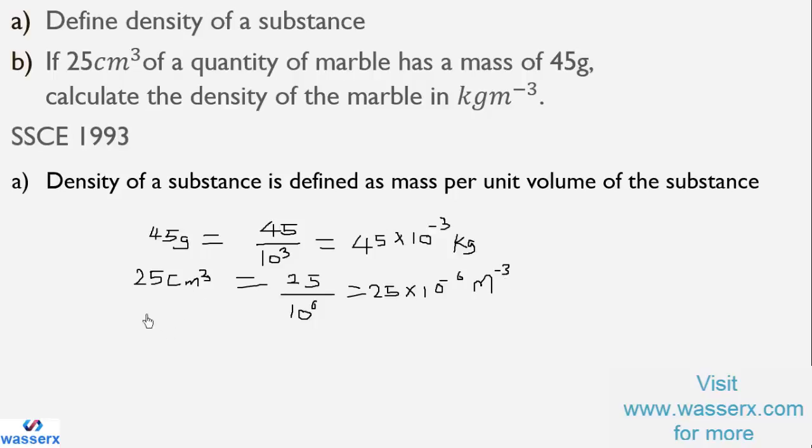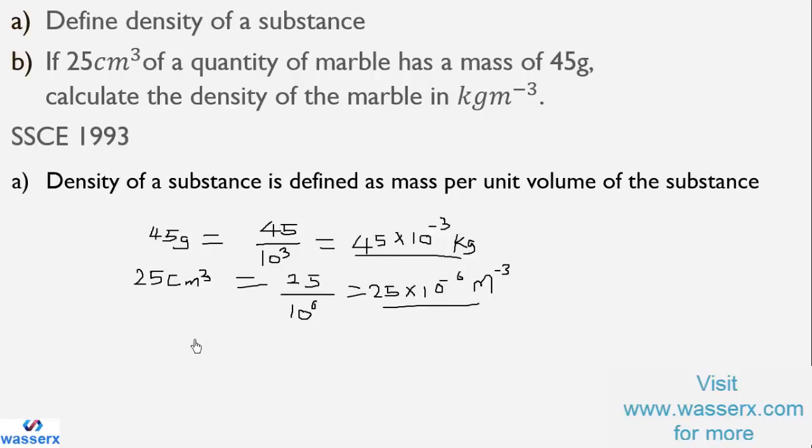We got this because 100 centimeters make 1 meter, and in terms of cubic we need to cube both sides. So 100 times 100 times 100 gives us 1 million, which is 10 exponent 6. Now this is the unit in meter cube, and this is the unit in kilograms.